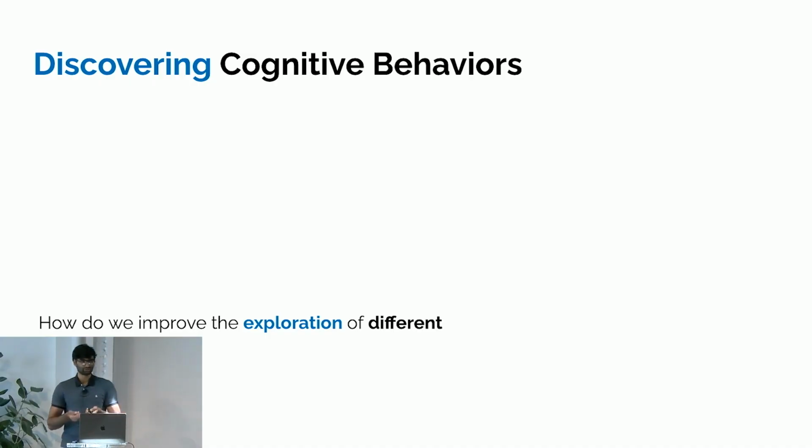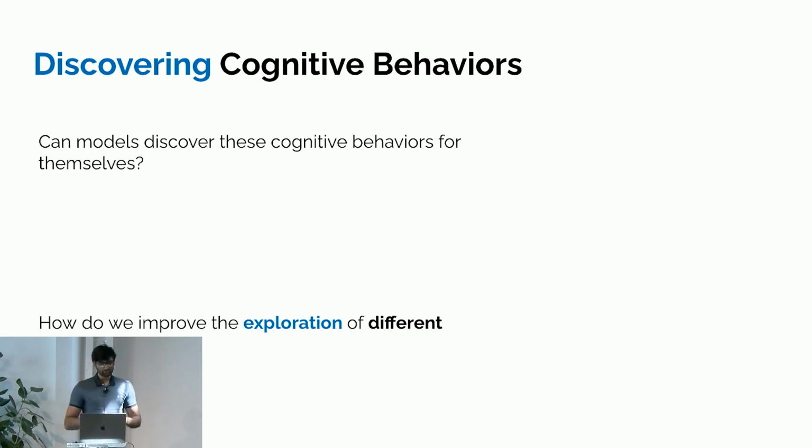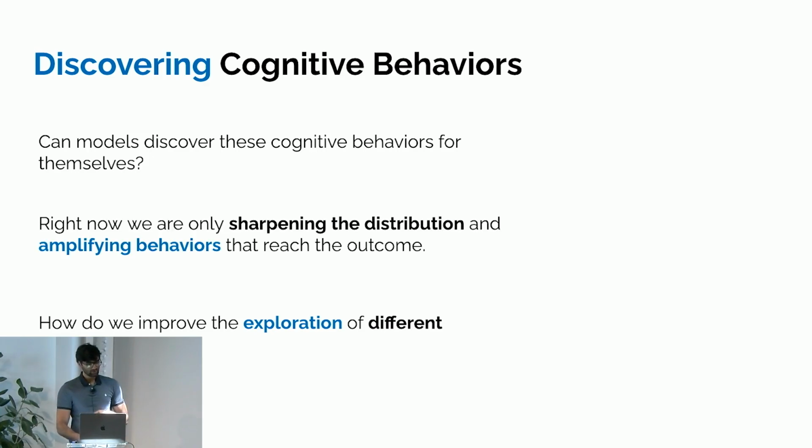It probably is just a function of sampling or something like this that is preventing the model from showing these cognitive behaviors. So the questions are, can we get these models to discover these behaviors themselves? Or can we do something about the way we're doing RL that prevents this sharpening of distribution and amplifying of behaviors, rather than exploring and being a bit more elicitation focused?